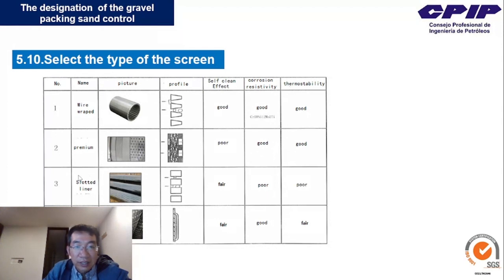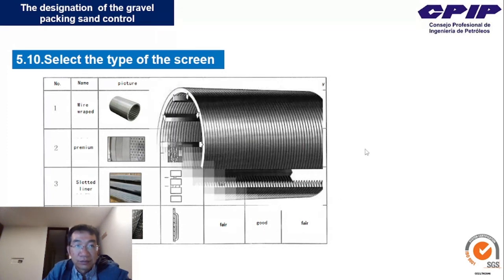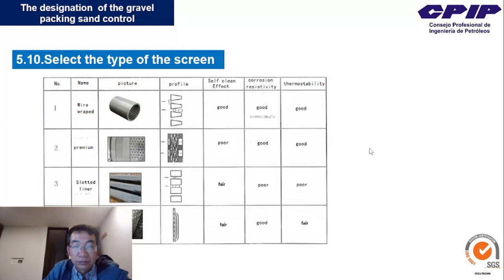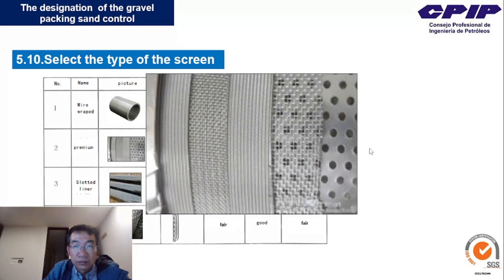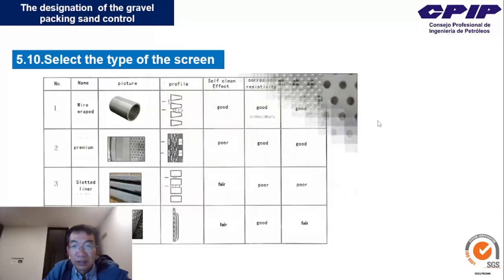For the slotted liner, the self-clean effect is fair, the corrosion resistivity is poor, and the thermostability is poor. And punched liner, the self-clean effect is fair, the corrosion resistivity is good, and the thermostability is fair. This is the bigger picture for each one.